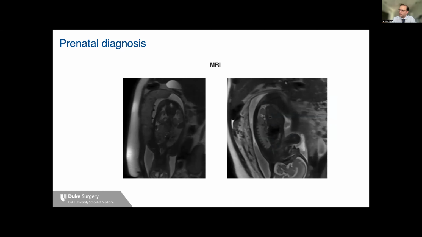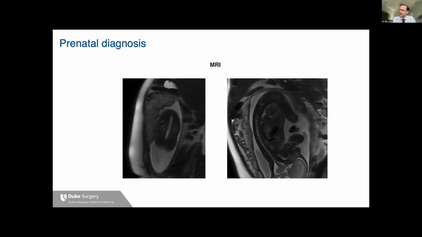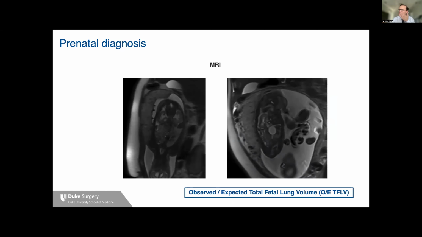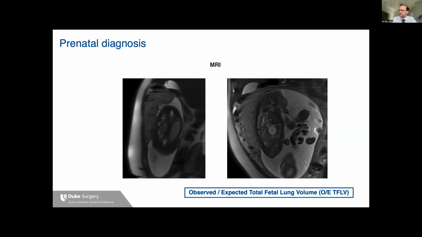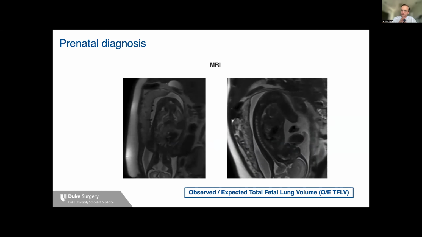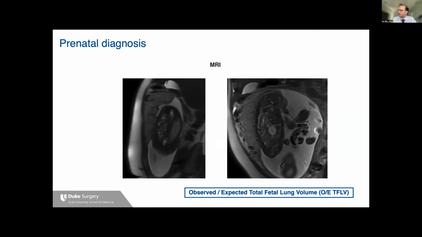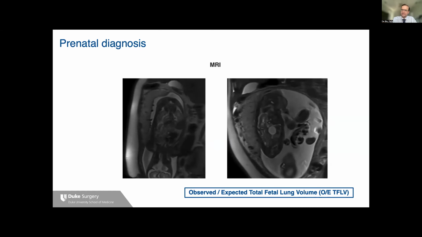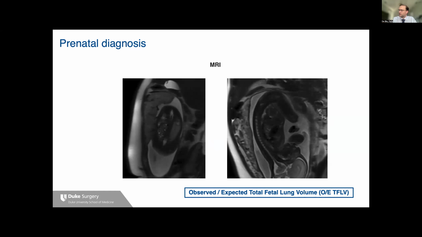Another modality is MRI. Now, that has been used to measure the total fetal lung volume. And again, we have an observed versus expected ratio that is able to predict the severity of CDH.